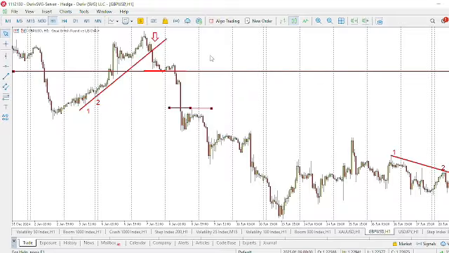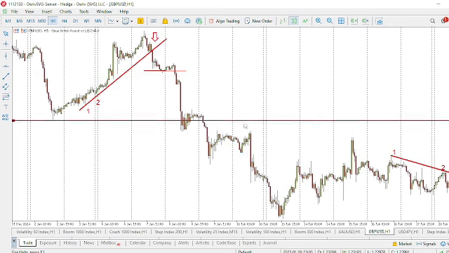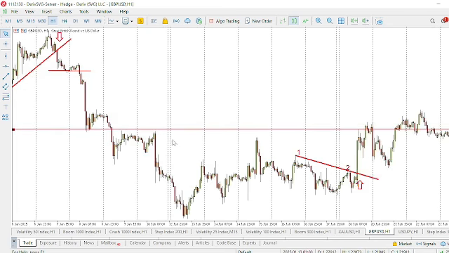Then for trailing the stop loss, as often as you see a swing, the moment you see a swing like this, price came down and then pulls up again, and as it continues like this, you shift your stop loss. This is your stop loss here now. You shift it to this swing, and the price moves down again.